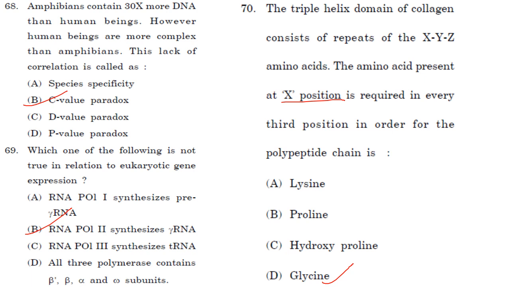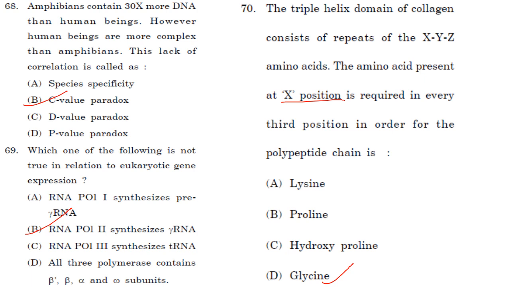RNA polymerase 2. Then, the triple helix domain of collagen consists of repeats of the XYZ amino acid. The amino acid present at position X is required in every third position in order for the polypeptide chain to form the helix. So, which amino acid is occupying the position X?